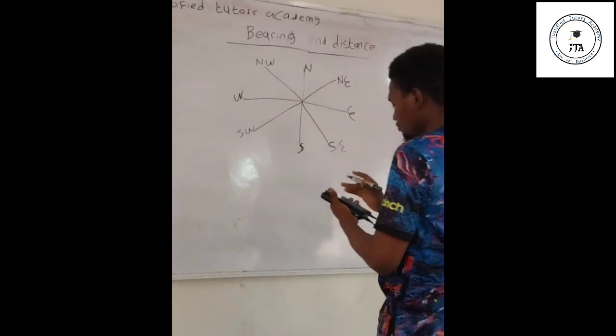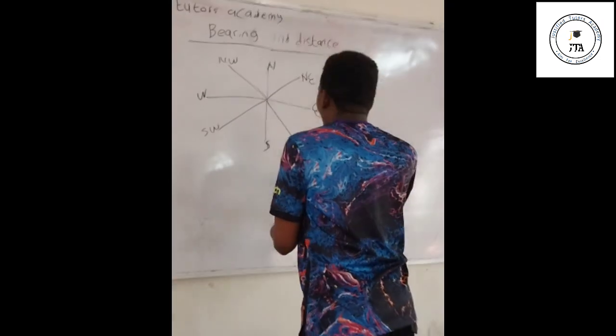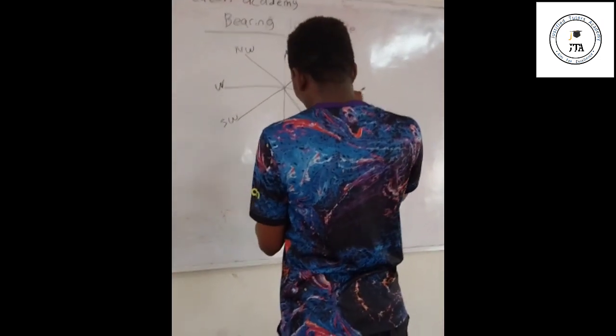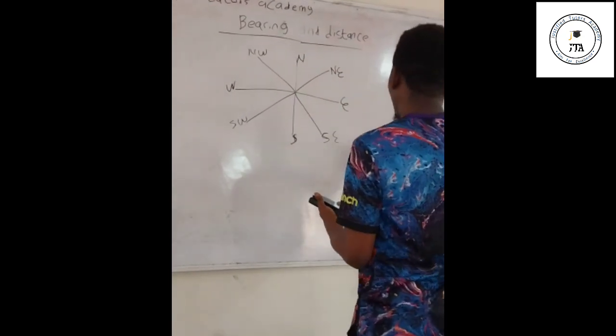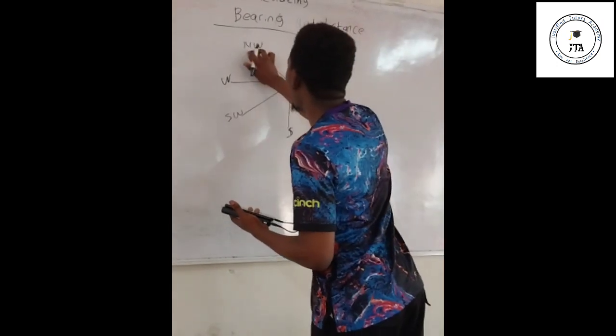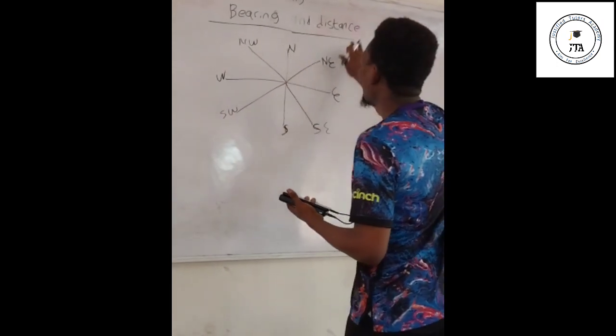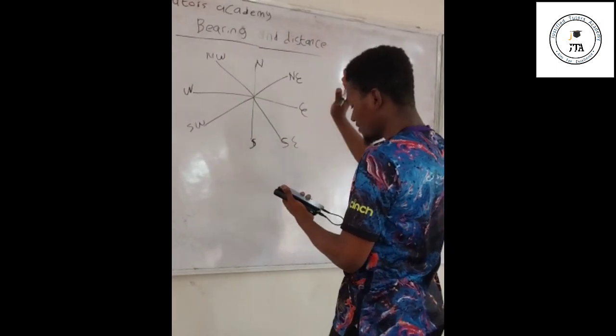Are you getting me? So now, apart from the main directions, there are also 4 main secondary directions. You can count them 1, 2, 3, 4. So basically, we have 8 directions that we'll be focusing on.